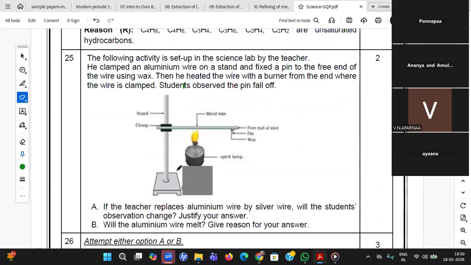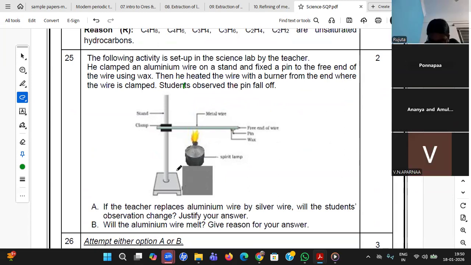I'll ask, please read the question. I'll ask the students. Otherwise, you can give it in the chat box. Will the students observe change? Yes or no? At least you give. Narendran, very good. Harshini, very good.